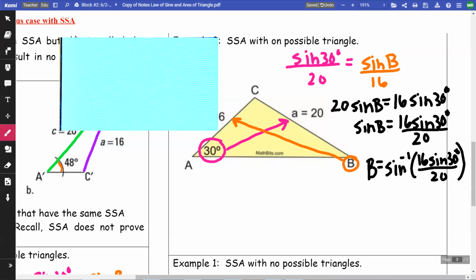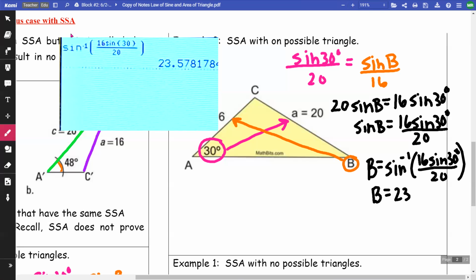So I'm going to do sine inverse of 16 sine 30 over 20. And I end up getting 23 point, let's say 6. So B equals 23.6 degrees.